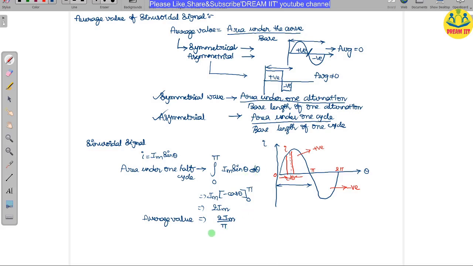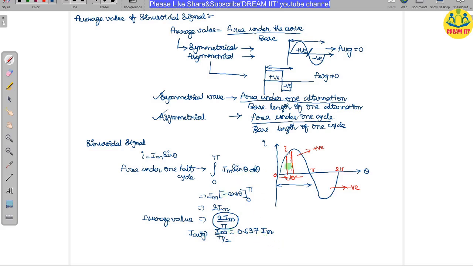So the average value is 2 Im by pi. If you calculate this value, you will get 0.637 times Im. So the average value of current is 0.637 times Im.